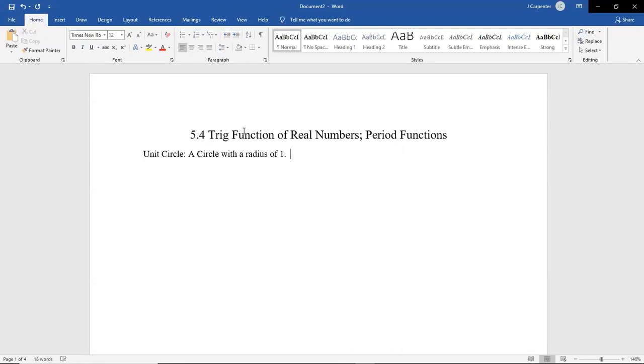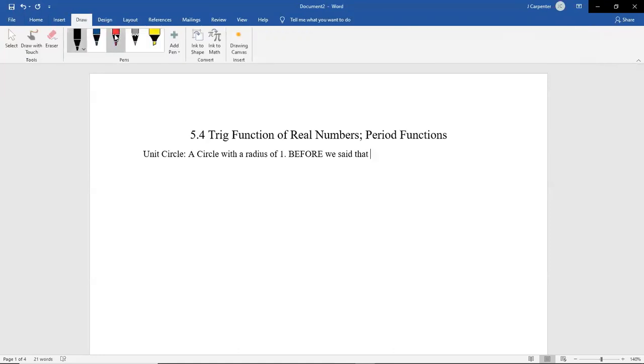Now, before, we said that the cosine of theta goes like the x value over the radius.